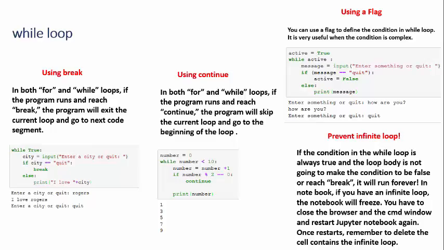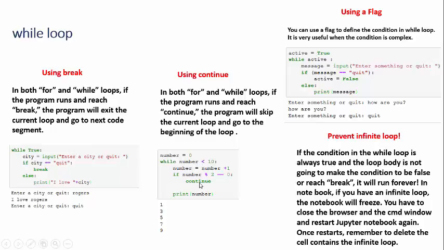What it does is skip anything after the continue statement within the loop for the current round and go back to the beginning of the for or while loop again. So continue gives the loop the signal to go back to the beginning and run again.